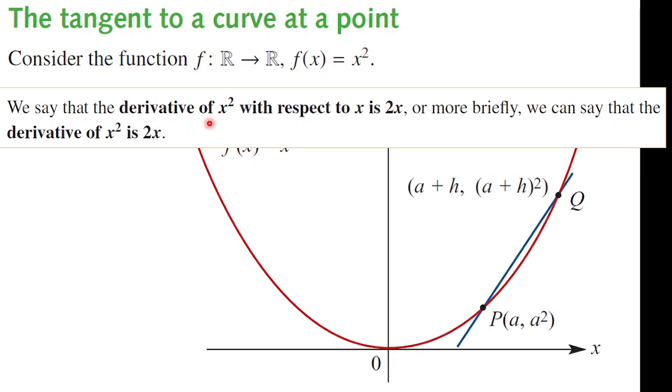Now we say that the derivative of x squared with respect to x is defined as 2x. Or we can say that the derivative of x squared is 2x. Now we'll elaborate how we get to that statement about the derivative, which is a definition. How do we get the 2x?